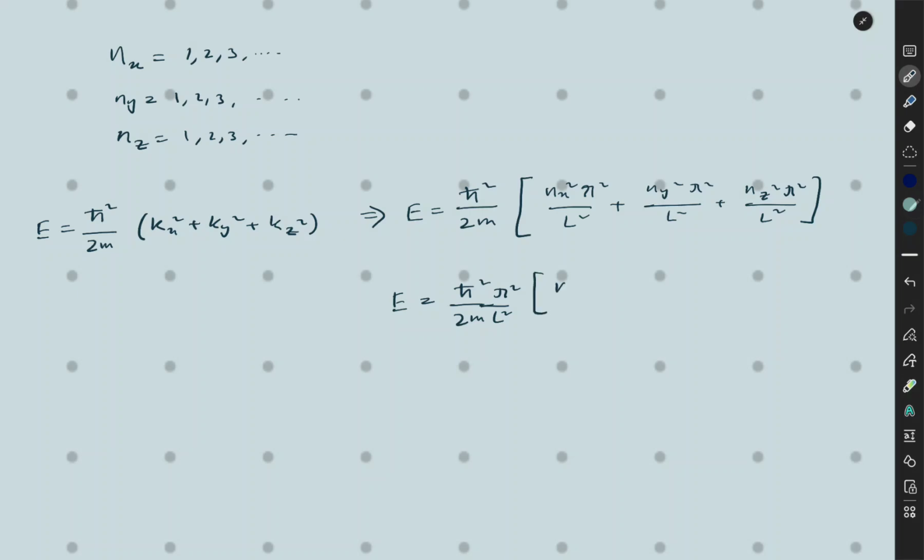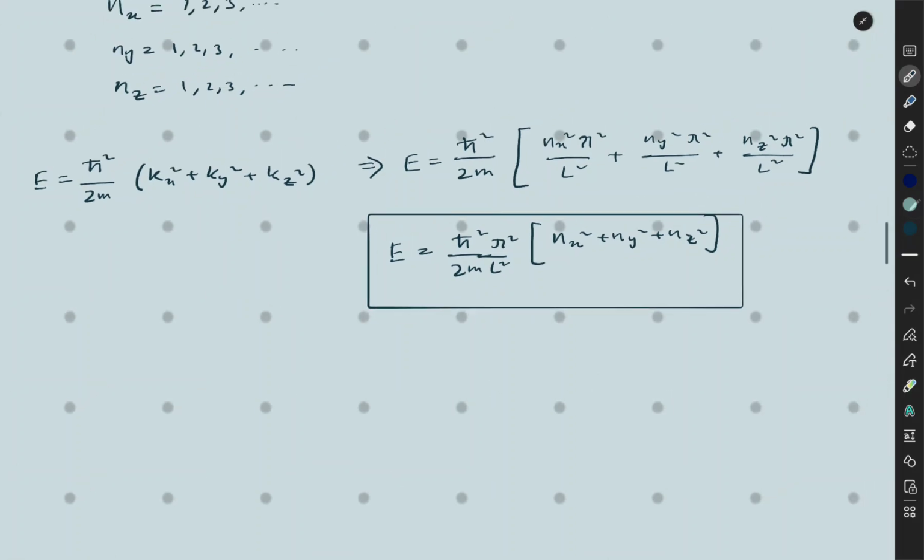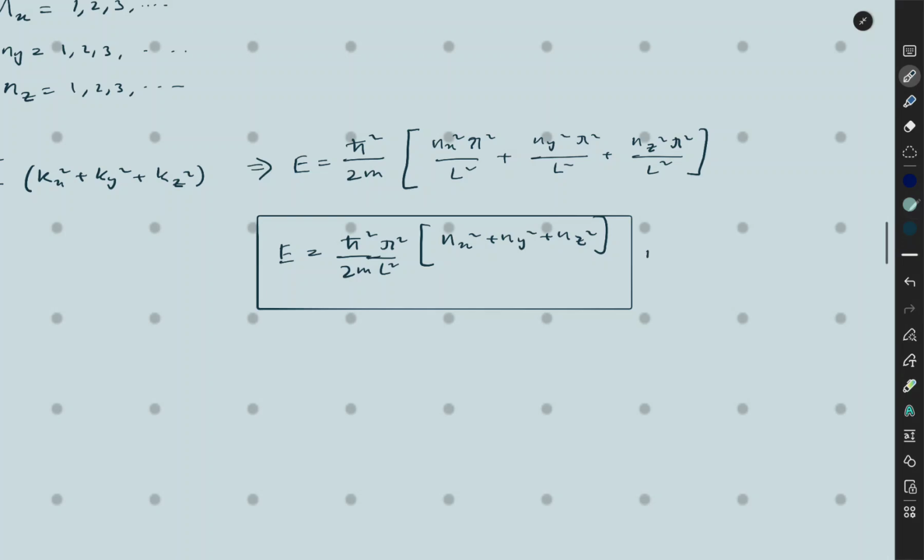So we are left with nx square plus ny square plus nz square. So this is the final eigenvalue for the energy, and now we will be deriving the final wave function, that is with the normalization. So let us just mark it. So this is the eigenvalue.